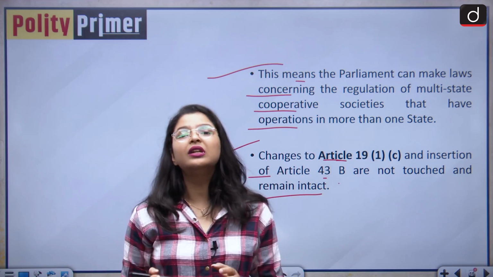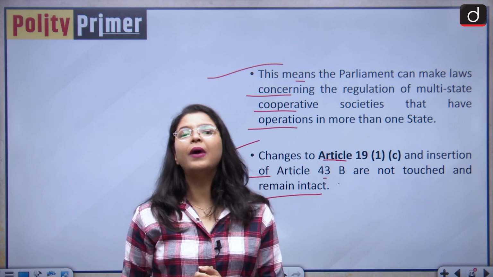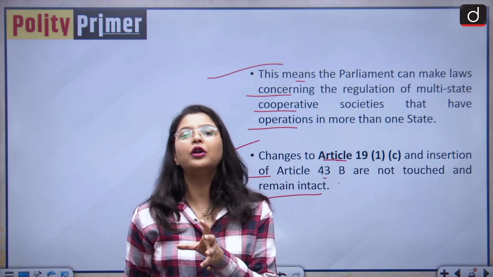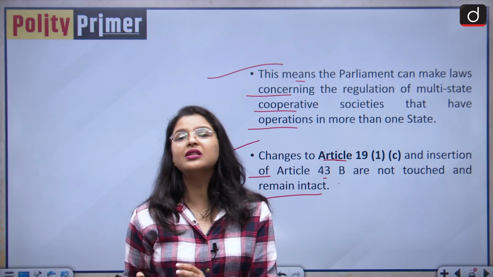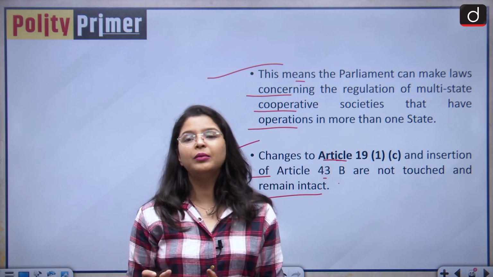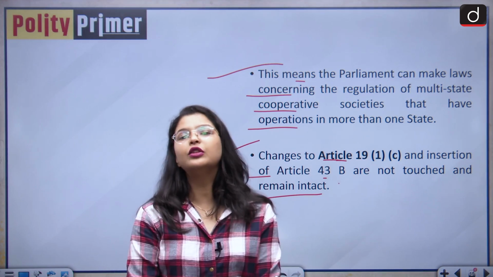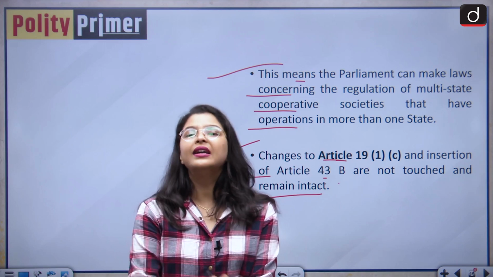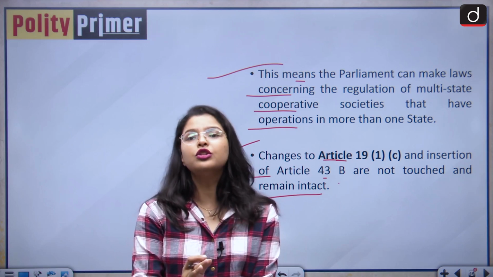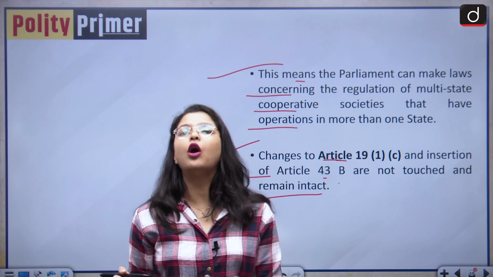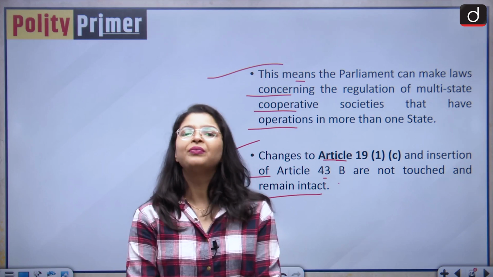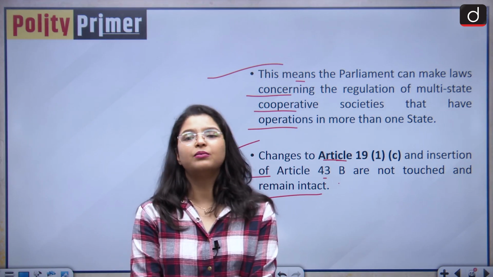So what was actually declared to be unconstitutional? That the Parliament indirectly had no power to control the cooperative societies whatsoever. So the Part 9B that was inserted by the 97th Constitutional Amendment Act was declared to be unconstitutional to the extent that it allowed the Parliament to restrict the state's right over the state subject.